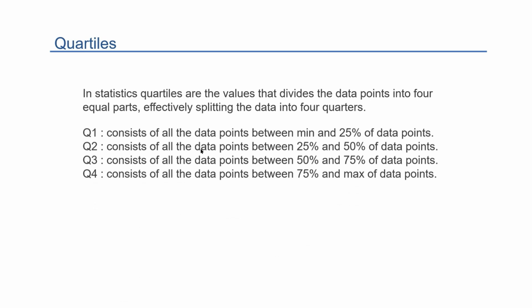Then we have quarter 2 consisting of all the values between 25 and 50% of the data set. Then we have quarter 3 that will consist of the data points between 50 and 75, and then we have quarter 4 which will consist of all the data points between 75% and the max data point.